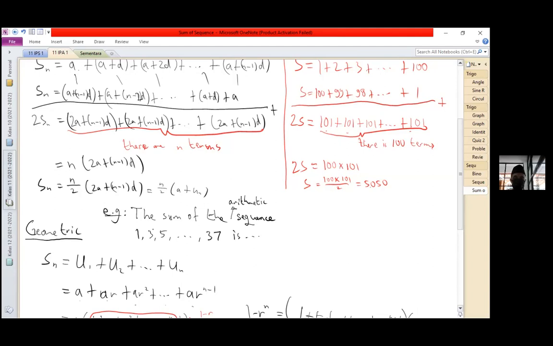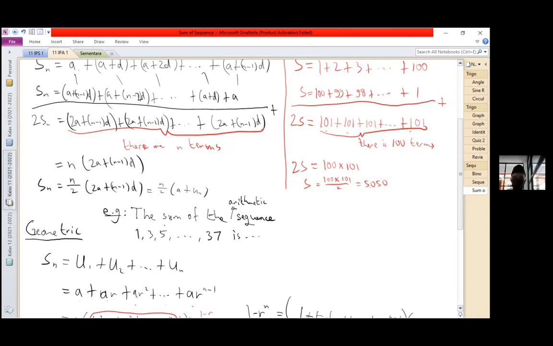In this case, as you can see, we have this sequence 1, 3, 5, and so on until 37. So we can find D, which is 2, the difference is 2, and A equals 1. But in this case, we don't have n.